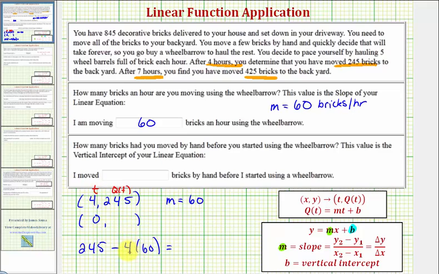Again, we're subtracting 4 times 60 because 245 bricks are moved after 4 hours. We want to know how many were moved after 0 hours. So we have to subtract 4 60s. So this would be 245 minus 240, which equals 5. So your answer would be, I moved 5 bricks by hand before I started using the wheelbarrow.